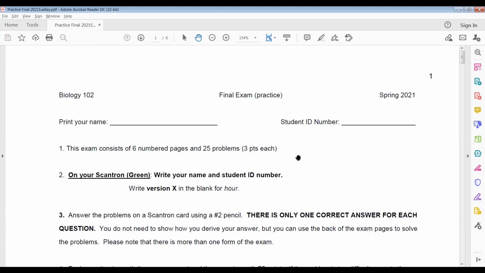For each problem, I will give you maybe five options or 2 options. If it is a true or false problem, you will choose 1 from 2. For other kinds of multiple choice, you probably have about 5 options. There will be only 1 correct answer, so just choose 1.